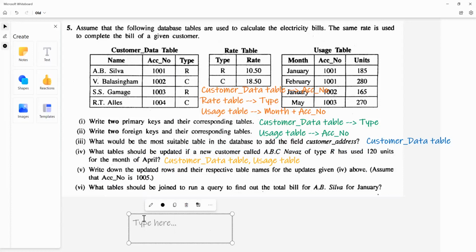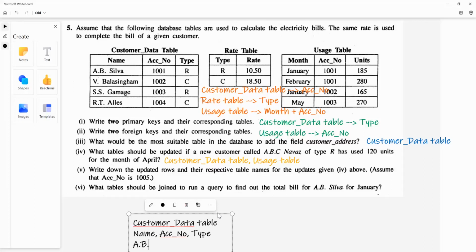For example, customer data table, then we can have name, account number, type. So you can include these three. Okay, what is the name of the person?